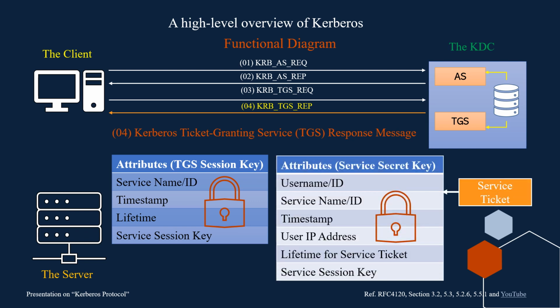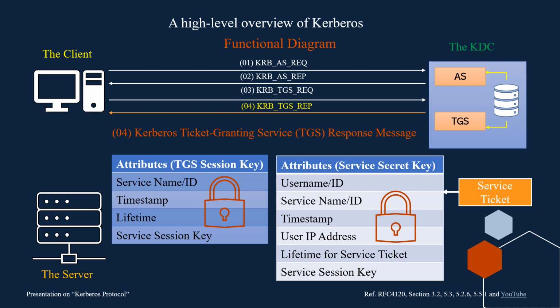And another message that is called the service ticket includes the username or ID, service name or ID, timestamp, user IP address, lifetime for this service ticket. Previously, lifetime was for the ticket granting ticket. Now the lifetime is for the service ticket that is generated by the TGS server, and the service session key, and it sends these messages to the client.